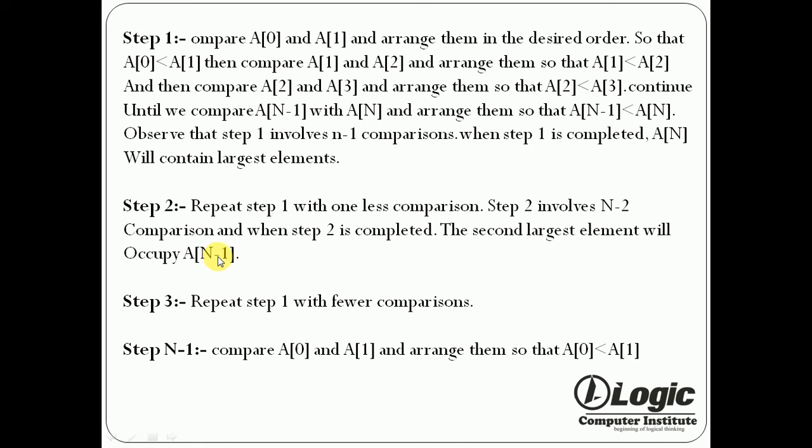This is step 2, and step 3 repeats step first with fewer comparisons, and the last comparison compares the first two elements, that is a of 0 and a of 1, and arranges them so that a of 0 is less than a of 1. This is the simple bubble sort procedure. So we finally get the sorted list.